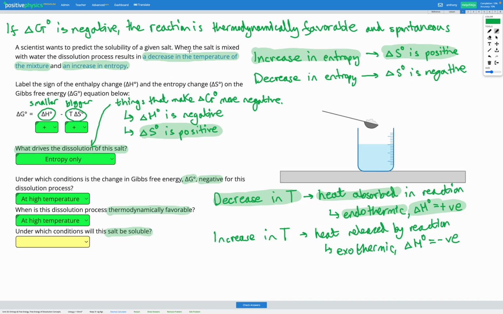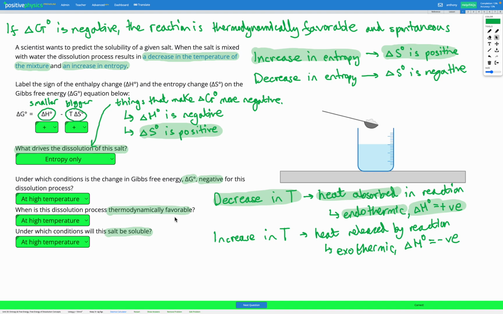Well, the dissolution reaction is the reaction where our solid salt dissolves into water. So if our dissolution process is thermodynamically favorable, our salt is going to dissolve. In other words, it's going to be soluble. So it's going to be the same conditions here. It's also at high temperature because that's when our delta G is negative. Therefore, that's when our process is thermodynamically favorable and spontaneous, and our salt is going to dissolve.